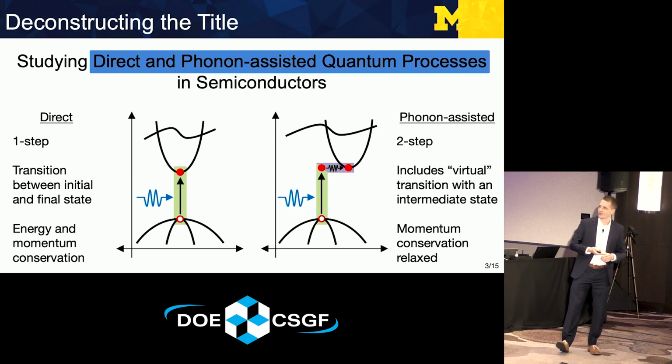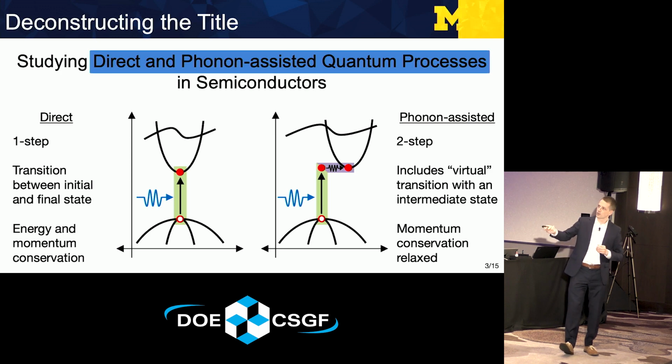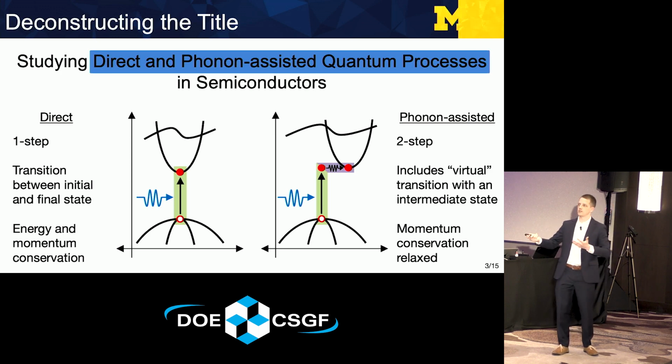On the other hand, we have our phonon-assisted processes. These are two-step processes and have what we call an intermediate or virtual state. Here I'm showing again the same optical absorption process. You have that energy from your photon that gets you to this intermediate state. But now your band structure is a little bit different, and you don't have any final state to end in.